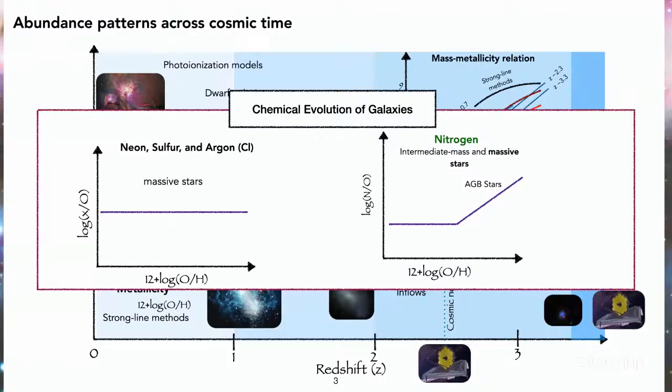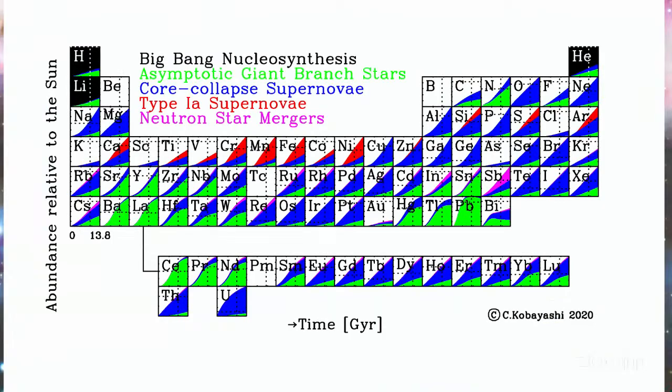For the first part, I will show you first the periodic table. You can see here how these elements are produced, basically in all these different stars, so these different scenarios. I will focus on core-collapse supernovae.